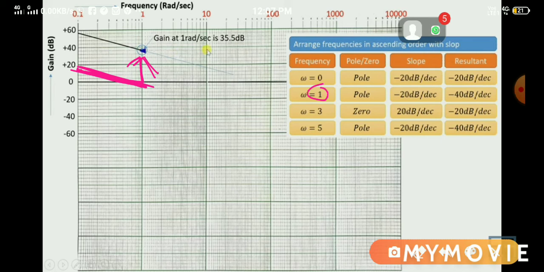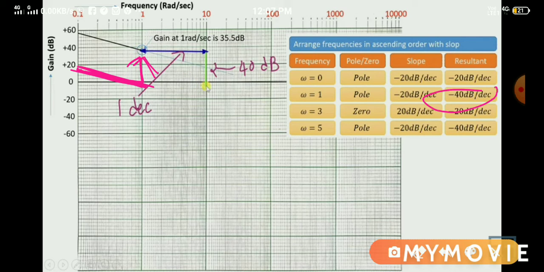Right, from minus 20 I had drawn a parallel line. I kept the scale at this minus 20, then drew one parallel line till omega c1 is equal to 1, right. Now keep the scale at minus 40 decibel per decade.